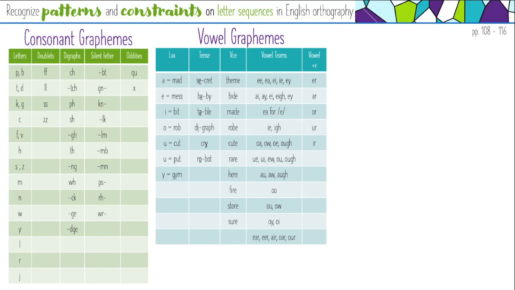Vowels tend to be a little bit more hairy. As you can see, there are a lot more combinations and possibilities for our vowel groups to join up. You've got the short vowels, of course, and then you have your tense vowels, which are open syllables.